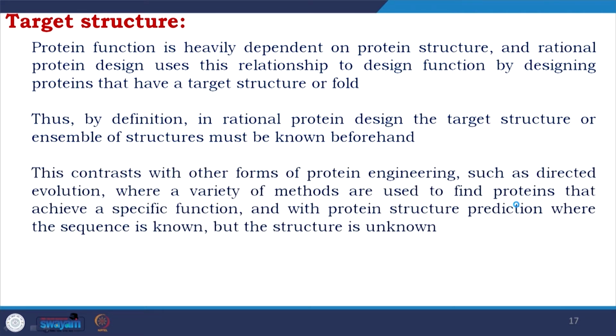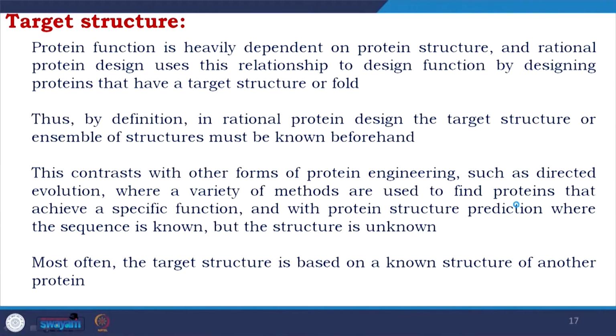This contrasts with other forms of protein engineering such as the other one which we talked about, directed evolution, where a variety of methods are used to find proteins that achieve a specific function, and with protein structure prediction where the sequence is known, but the structure is unknown. Here at least some structural information has to be available.